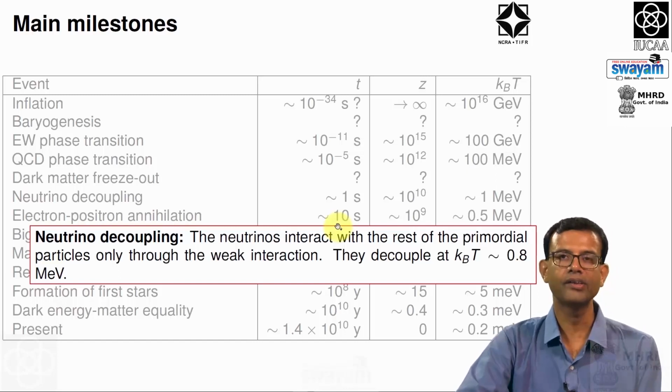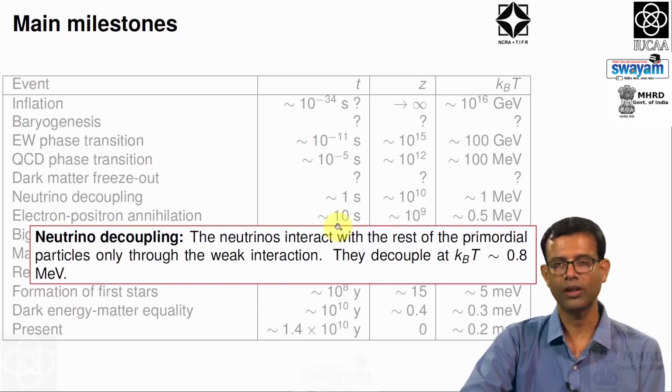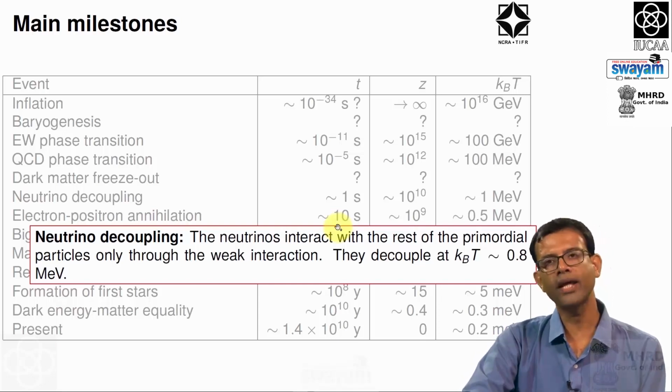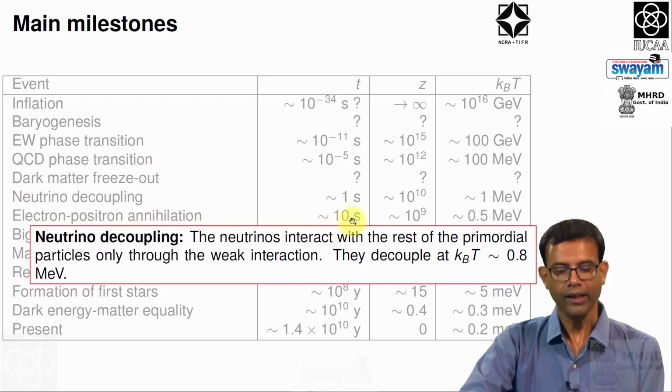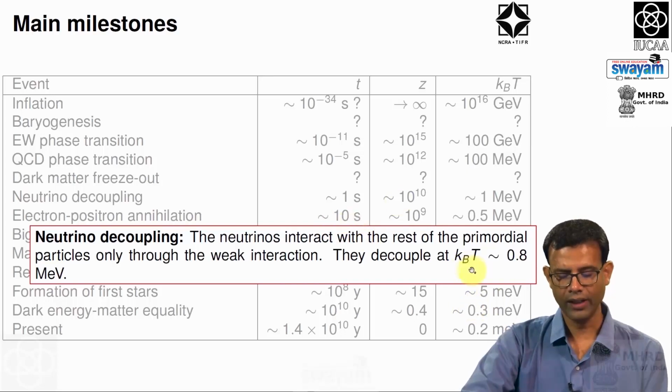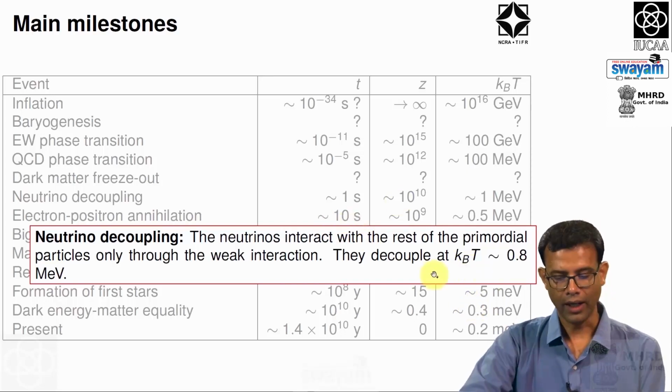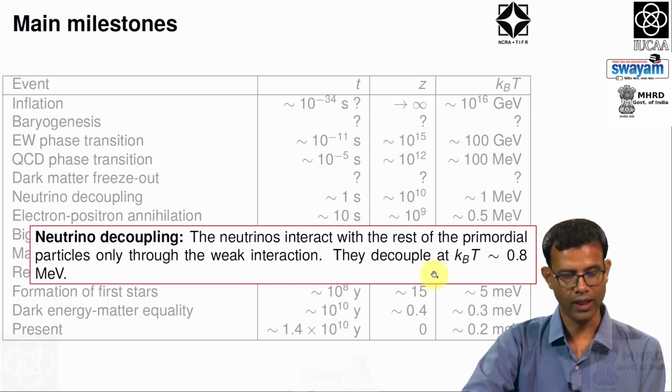Their temperature decreases because of the expansion of the universe, but they do not interact with any other matter. This decoupling happens when the temperature is around 1 MeV, 0.8 MeV or so, 1 second after the Big Bang.